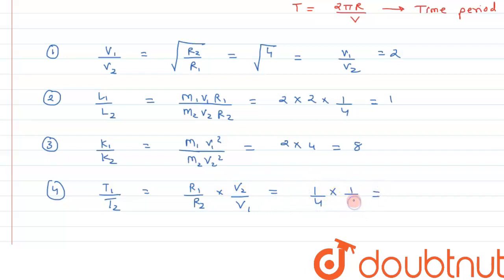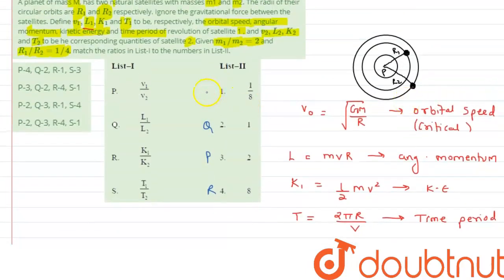So this comes out to be 1 by 8, which matches with S1. So we can write P3, Q2, R4 and S1. The correct option matching is option 2.